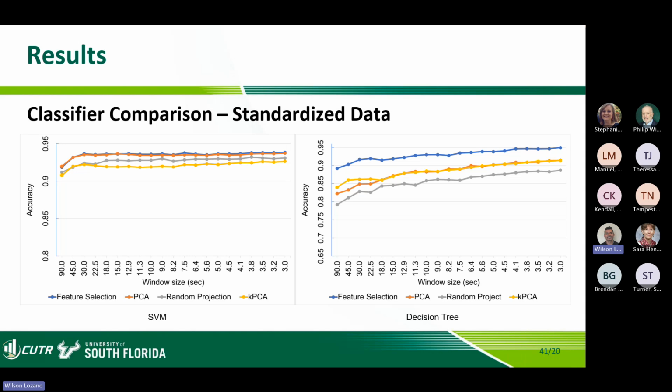Looking at the support vector machine, on the x-axis are the different time frame windows. There is not equal space between them; they are just labels: 90 seconds, 45 seconds, 30 seconds. As we go down, the gap between the time frame windows gets smaller.